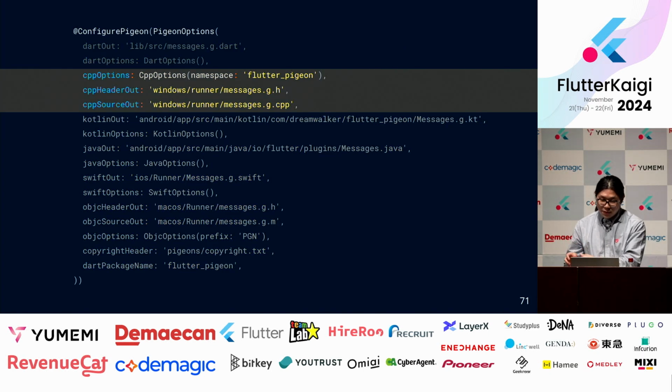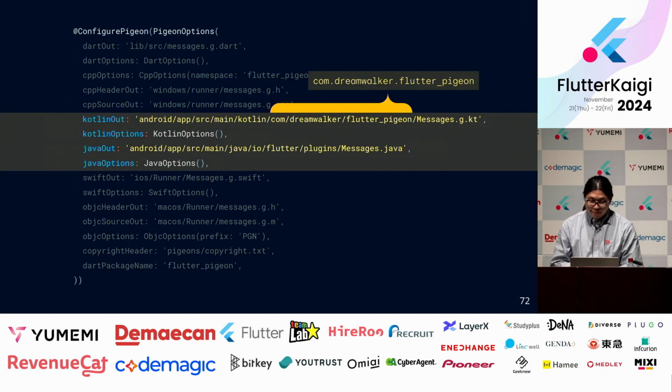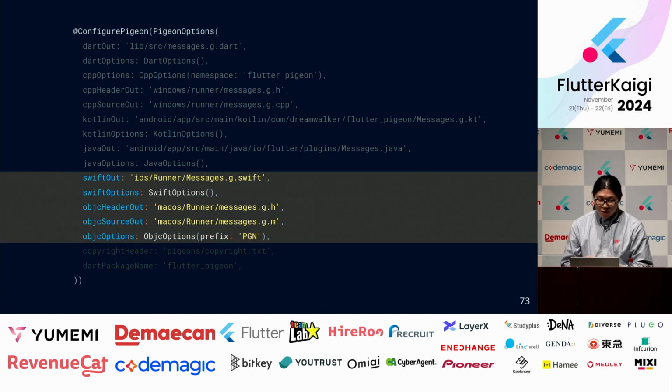By specifying the C++ option, boilerplate code will be generated for Windows platform development. And by setting the Kotlin and Java options, code will be generated for Android platforms. By using the Swift and Objective-C options, you can generate code for iOS and macOS.